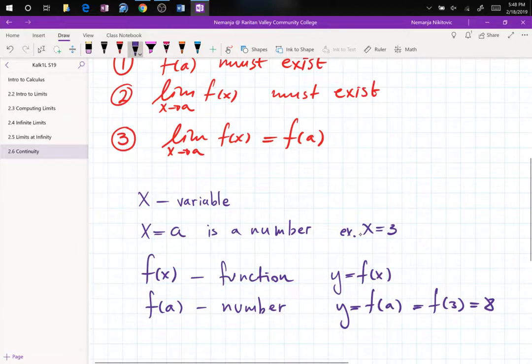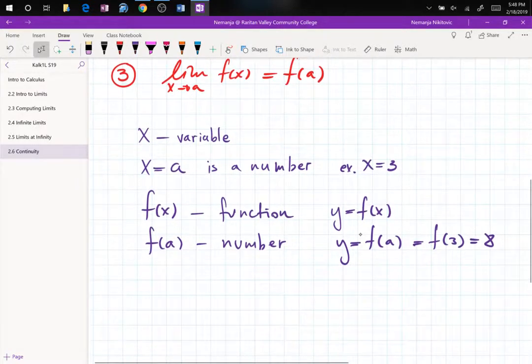So f of a and f of x are not the same thing. When I write f of a, we see a number in there. When I write f of x, it's a function, and they behave differently when you start plugging them around. The limit of f of x is going to be some number L, or infinity.